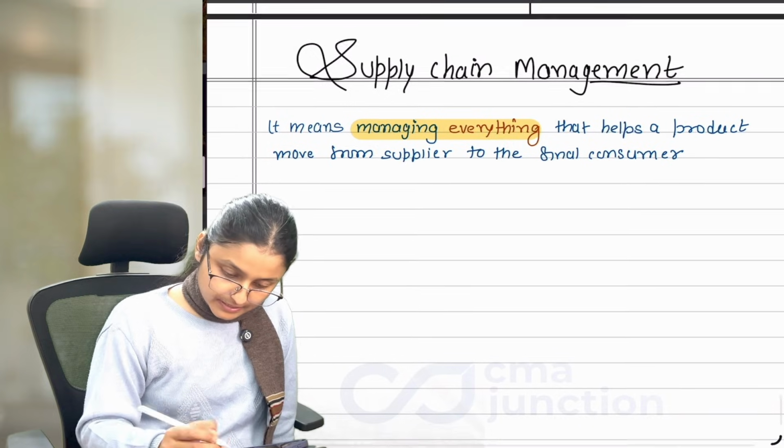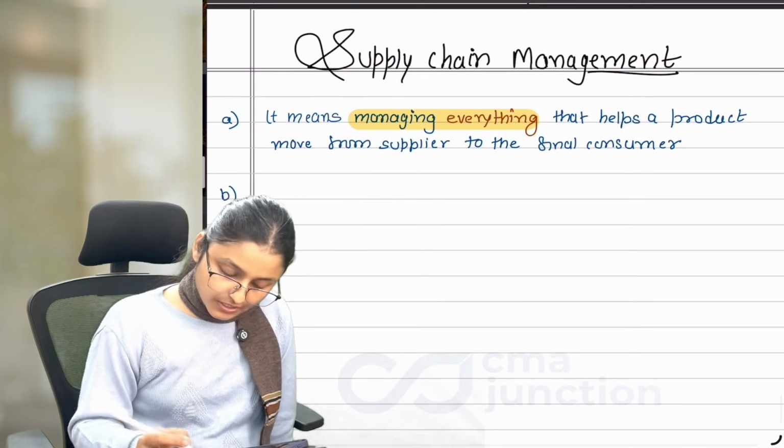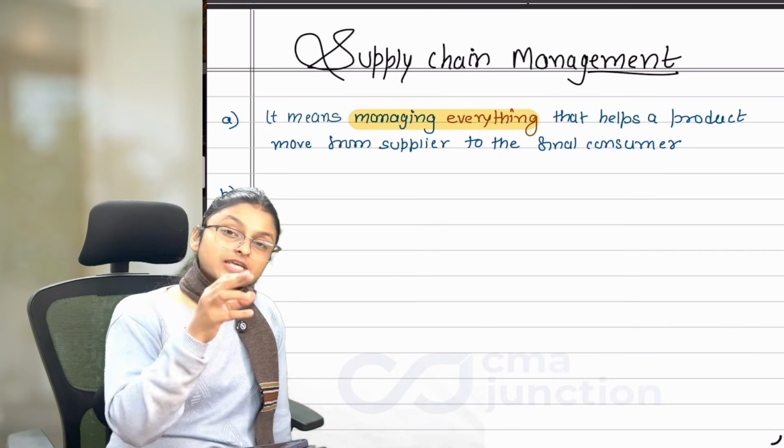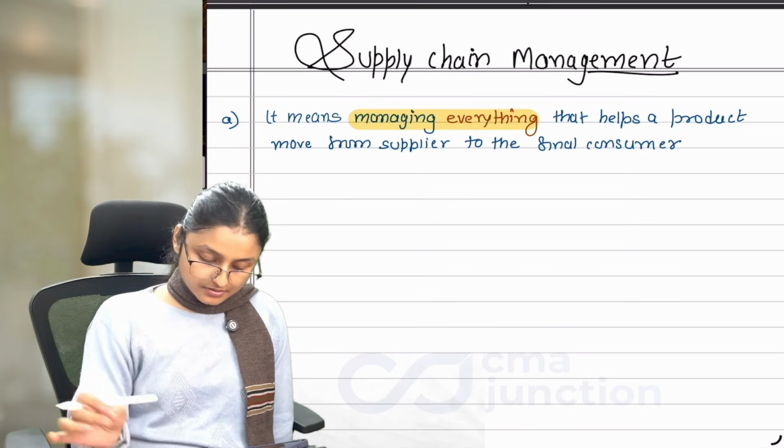Done. Next, let's name it as A. Next, we understood that supply chain management checks three things. What are they? People, processes and systems.